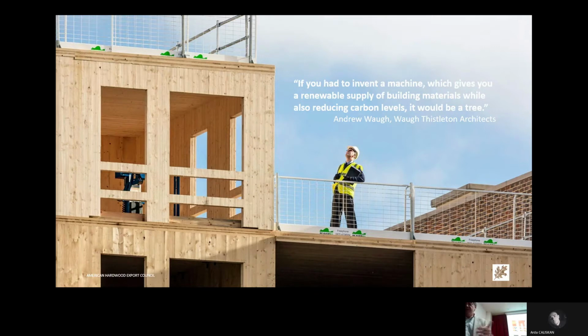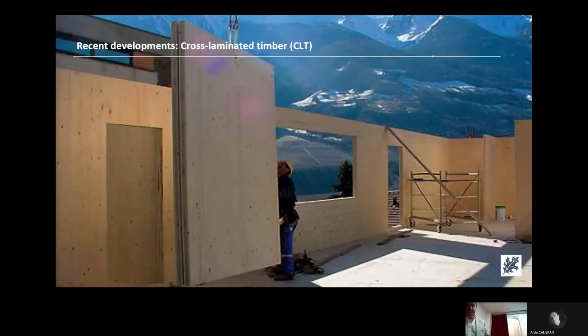Modern building materials such as cross-laminated timber, laminated veneer lumber and glulam have given architects, designers and structural engineers much better figures to work with than if they were just working with conventional wood. So, recent developments, cross-laminated timber.